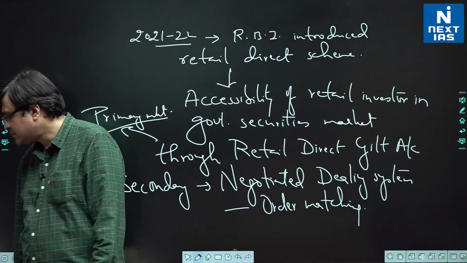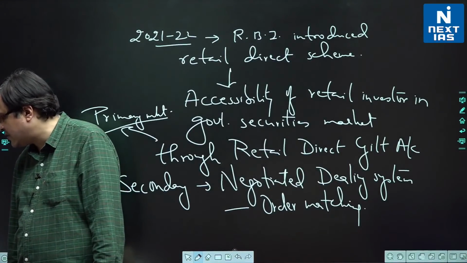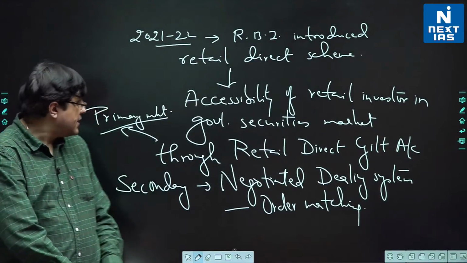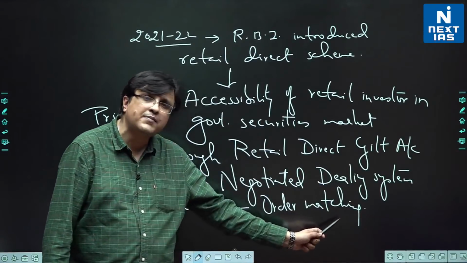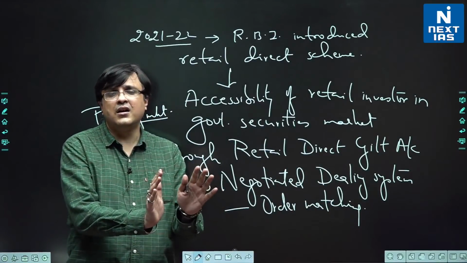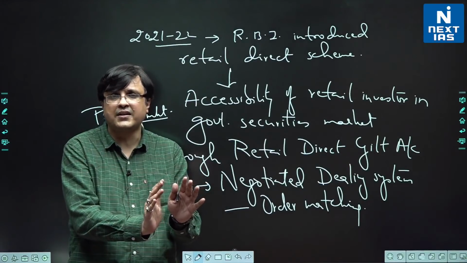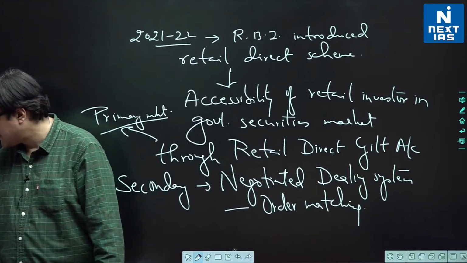I will be conducting current affairs program for economy, Anjali, before the prelims. The last point of secondary market, Shruti, is that RBI has created this negotiated dealing system, order matching method, in order to make sure that you can sell your securities in the secondary market, and the records will be maintained over here. So I hope you got that.